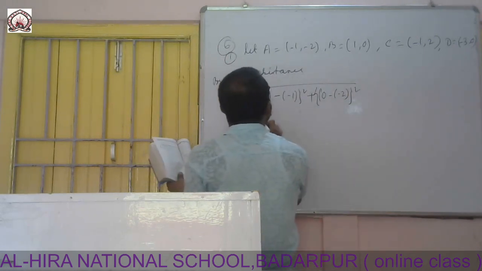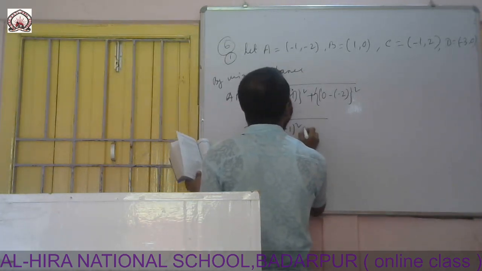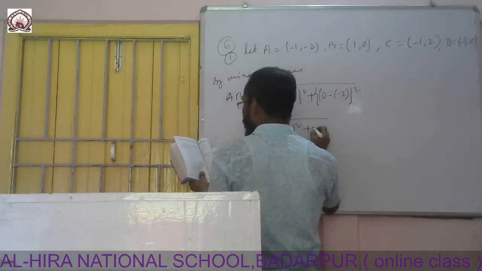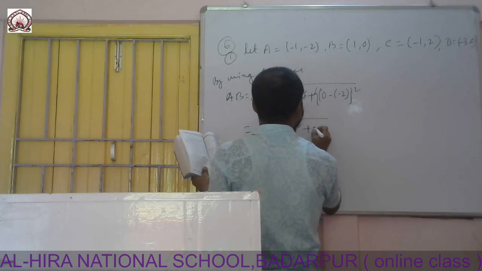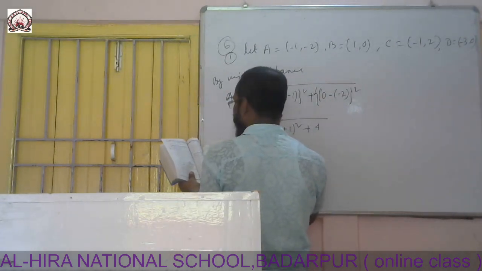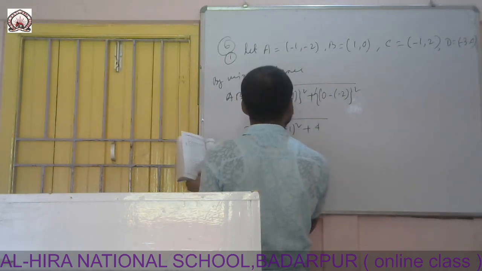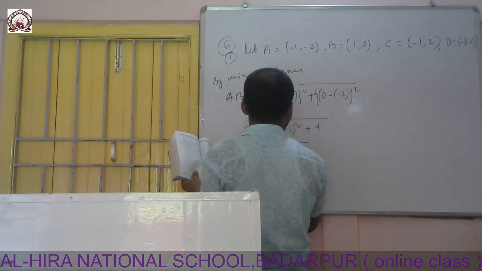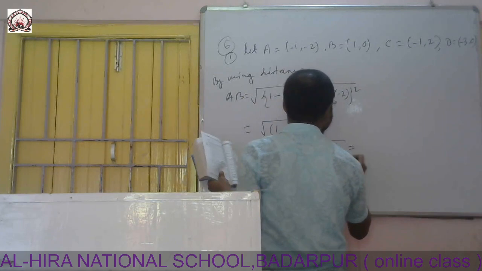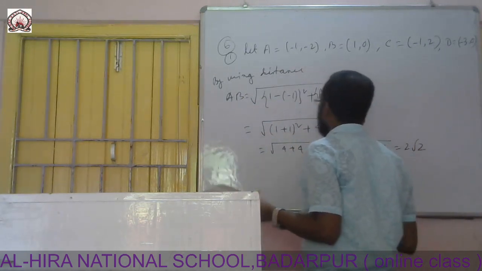So it is (1 plus 1) squared, which is 2 squared, 4, and again 2 squared is 4. So 4 plus 4, square root of 8.